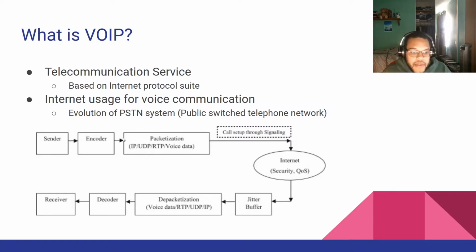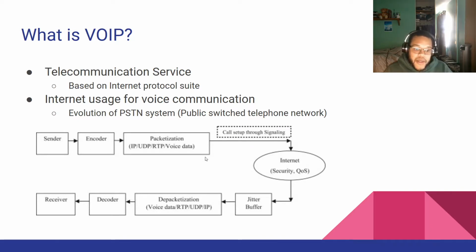As you can see with this diagram that I was able to find, Internet Protocol is something that would happen here with packetization, or also for depacketization. And the packets of data that's sent through, you have a sender, so sender would be you, and the signal that you're trying to send gets encoded.